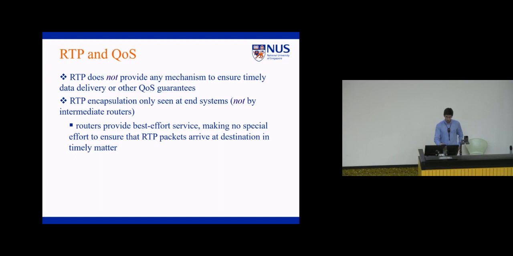So, RTP does not provide any mechanism to ensure timely data delivery or other QoS guarantees. And it is only seen at the end systems, but not intermediate routers, right? Just like any other application layer or transport layer protocol, it is only at the end systems. So if your routers cannot provide guaranteed delivery, a throughput guarantee or a quality of service guarantee, well, obviously, RTP will fail to provide those.